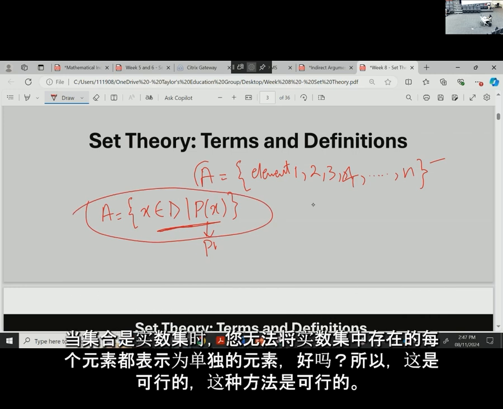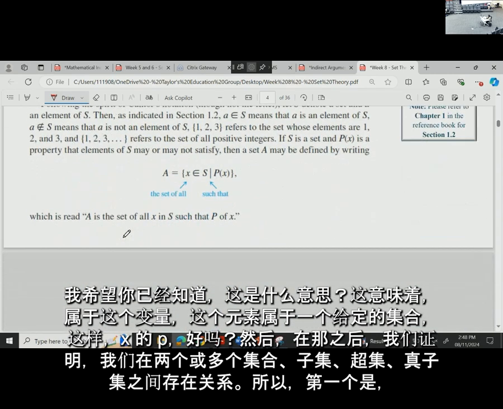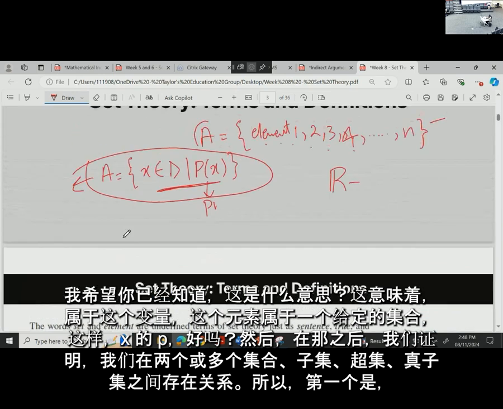Especially when the set is like the set of real numbers, where you cannot represent each individual element as separate elements, this method is feasible to use. This I hope you already know. What does it mean? It means this element belongs to a given set such that P of x.